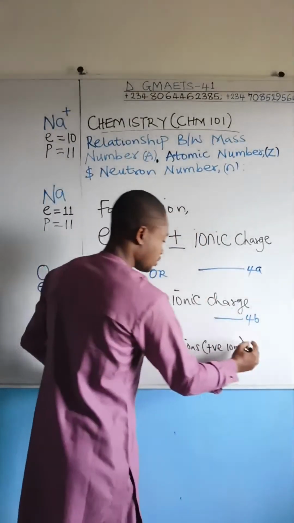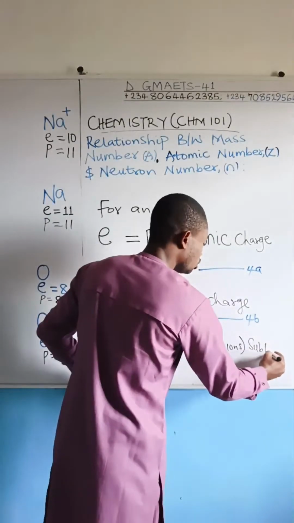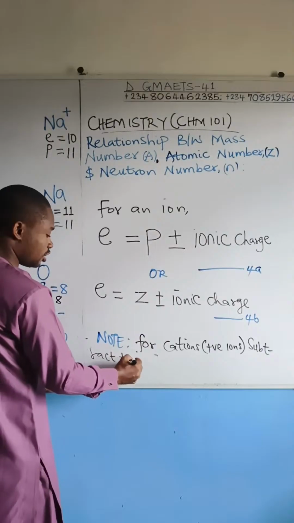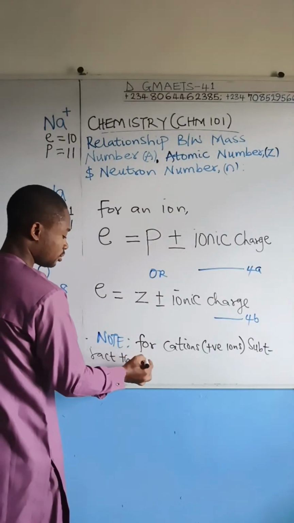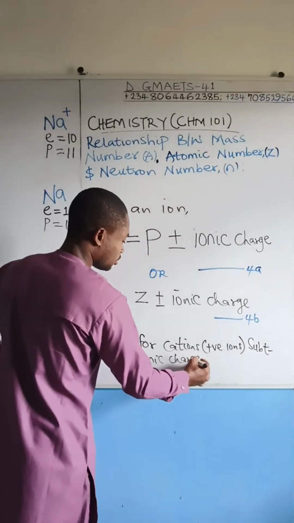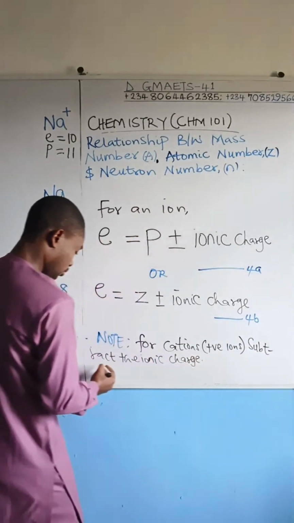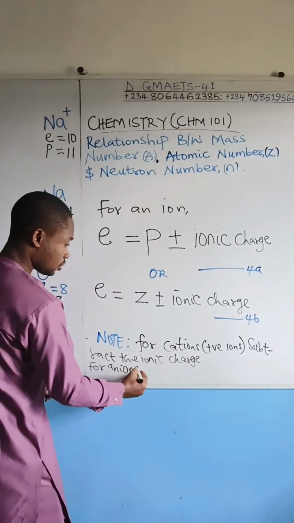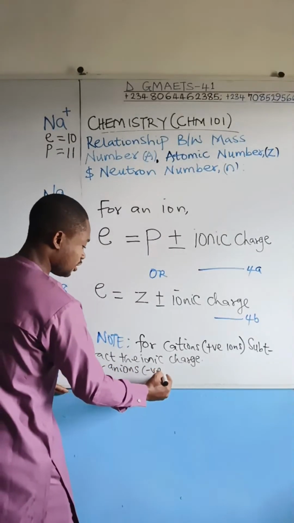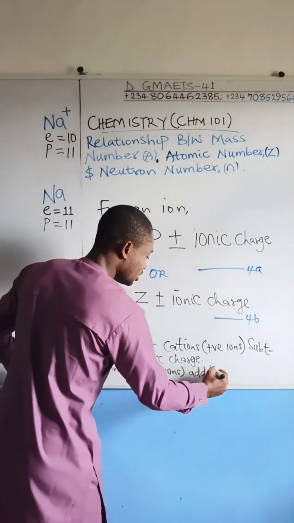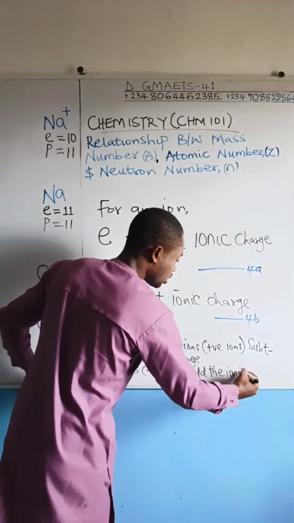You subtract the ionic charge. Then for anions, in brackets negative ions, add the ionic charge.